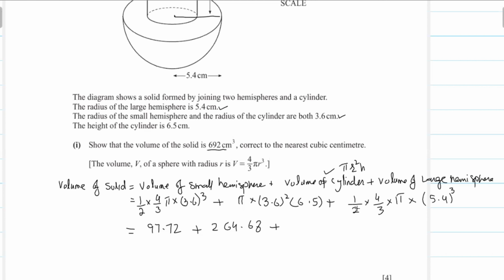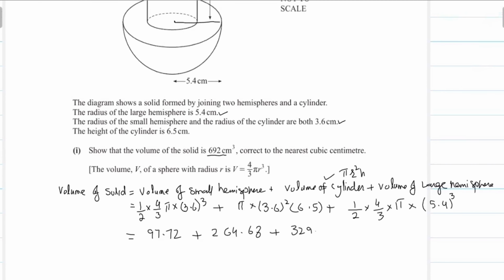Next we calculate the third value, this will be equal to 329.83, and the total of these three values will be equal to 692.23 cubic centimeter, and to 3 significant figures the value is 692 cubic centimeter, and this is the answer, and we have proved the volume of solid is 692 cubic centimeter.